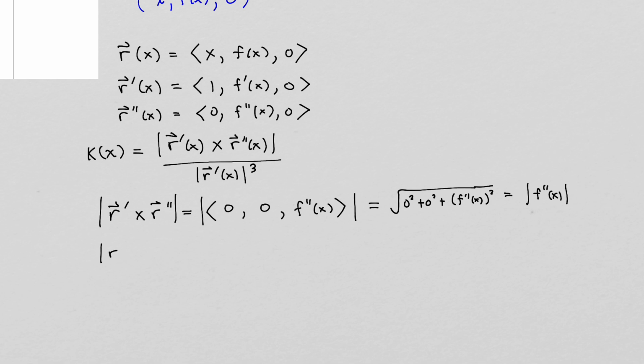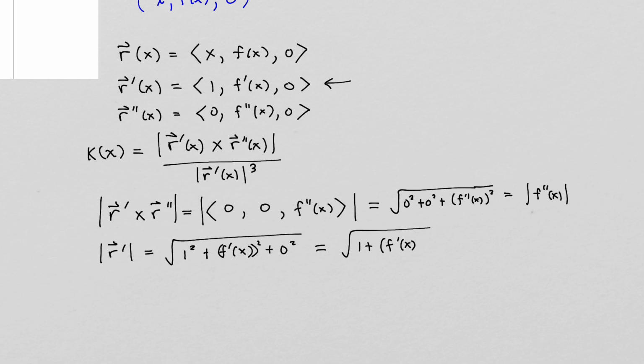And now the magnitude of r prime is simply the square root of 1 squared plus f prime of x squared plus 0 squared. So I'm just taking the magnitude of this vector. And that is the square root of 1 plus f prime of x squared. And now if we cube that, this is going to turn into 1 plus f prime of x squared quantity to the 3/2.